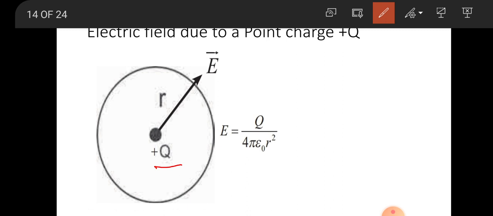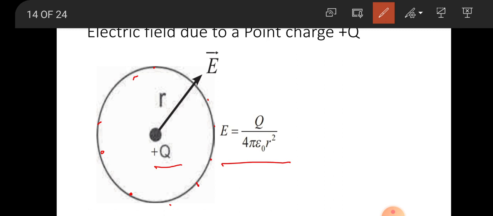You will get the same electric field over this circumference irrespective of the position of that test charge. आप यहाँ पे भी रखते हो, यहाँ पे भी, wherever you place the test charge, the electric field is the same everywhere. तो for now just see, ये electric field की direction है which is in the outward direction. यहाँ पे on the circumference you can place the test charge, and between the test charge and your source charge there is a distance of r.